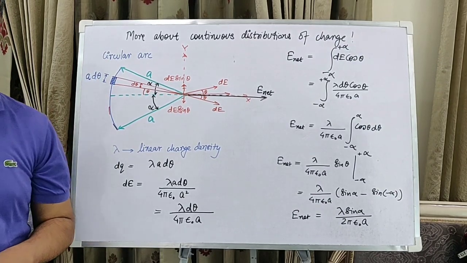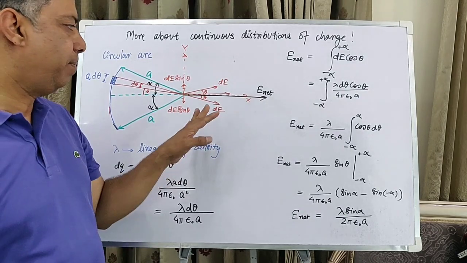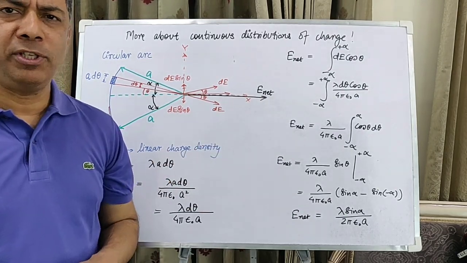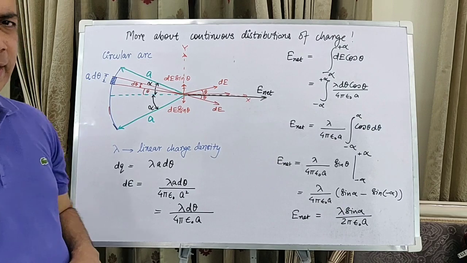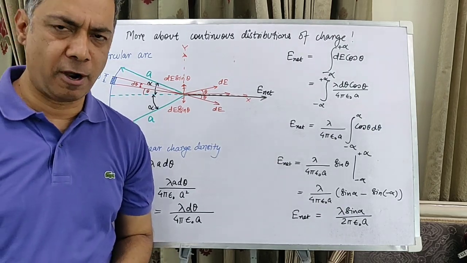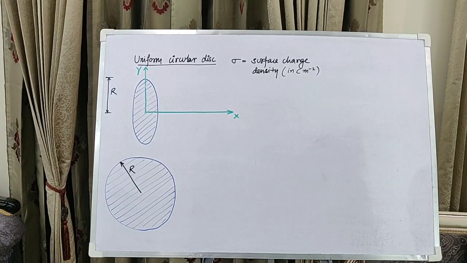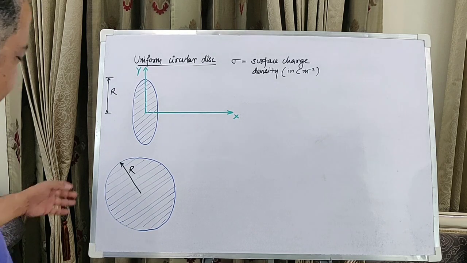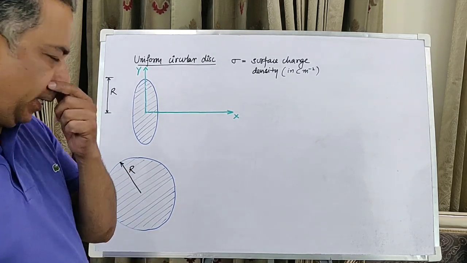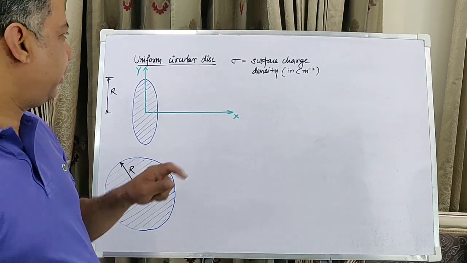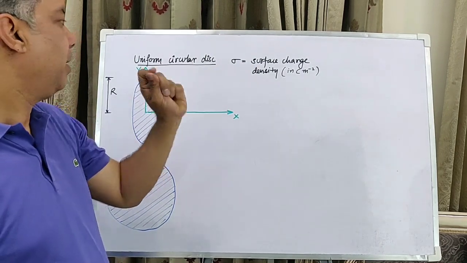The next case that we are discussing is the case of a circular disk, followed by an infinitely large plane sheet of charge. Now we move on to the case of a uniform circular disk.